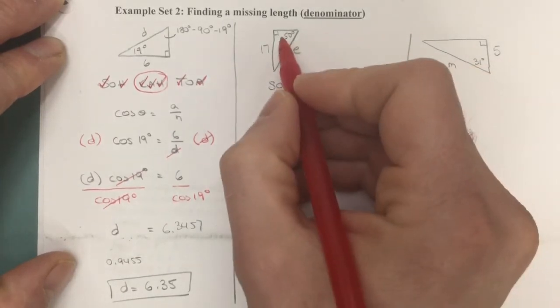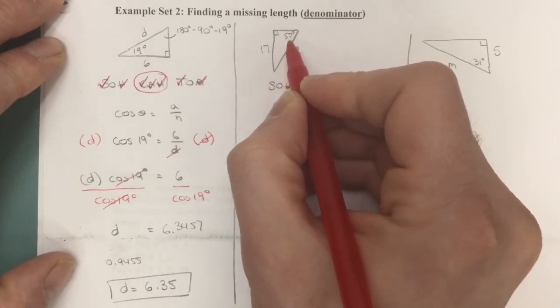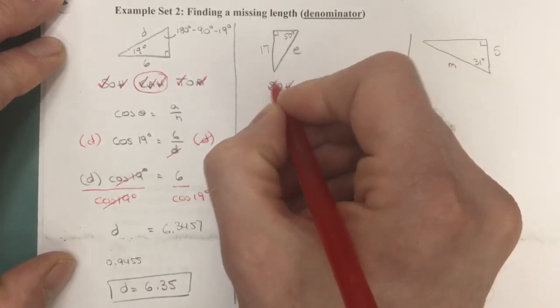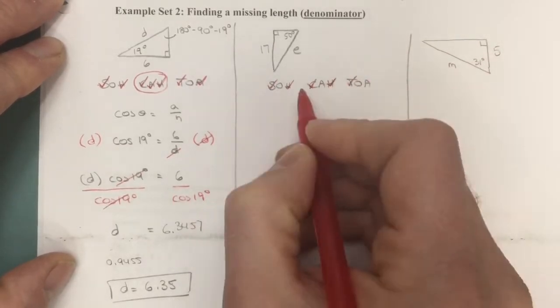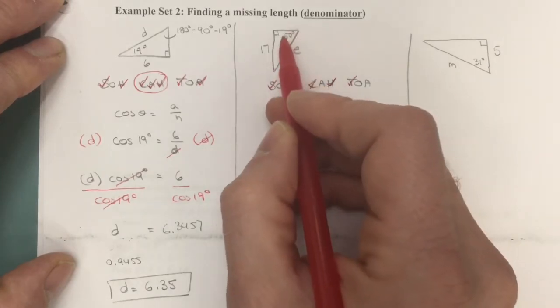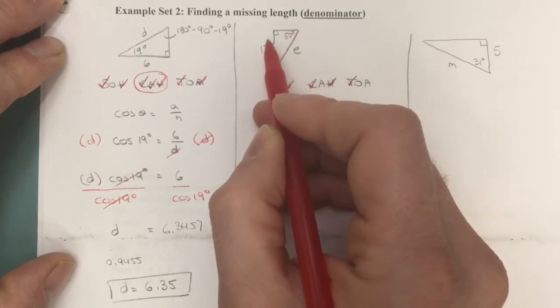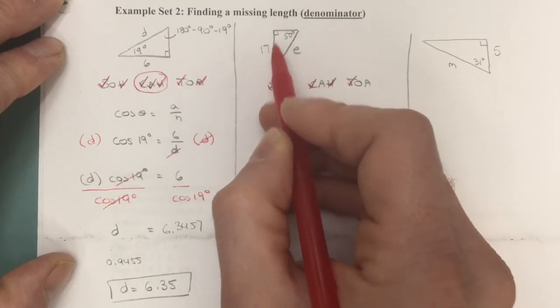And then the next thing is to look for the angle. You have an angle here, and so that means I can find the ratio for that angle. Either one of those three ratios I can find. And then from the perspective of that angle, what is this length, this 17 unit long length?